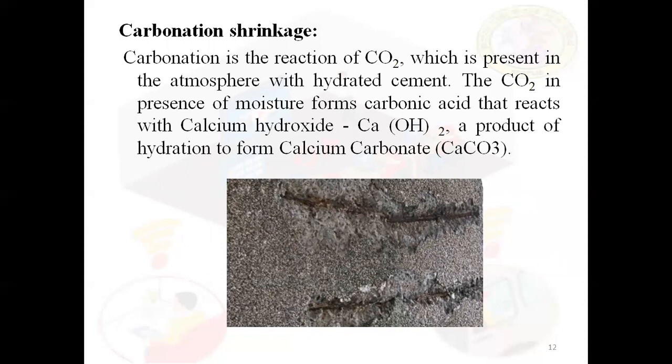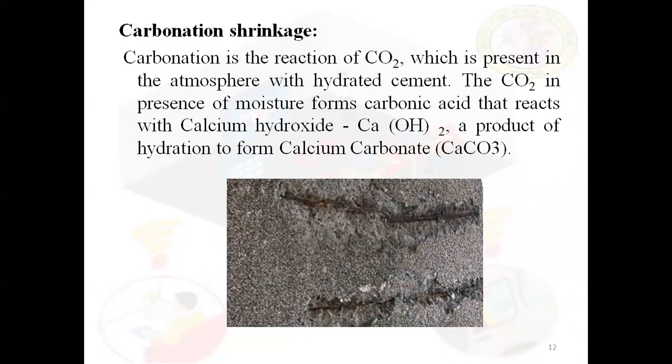Generally carbonation is the reaction of carbon dioxide present in the atmosphere with hydrated cement. We know in the concrete mass we have a hydrated cement paste. The carbon dioxide present in the atmosphere enters the concrete mass, thereby it reacts with the calcium hydroxide, Ca(OH)2, present in the concrete mass.